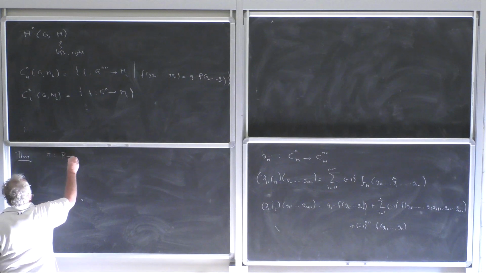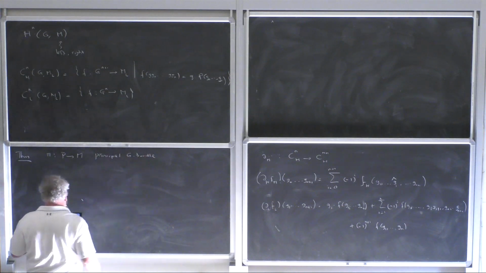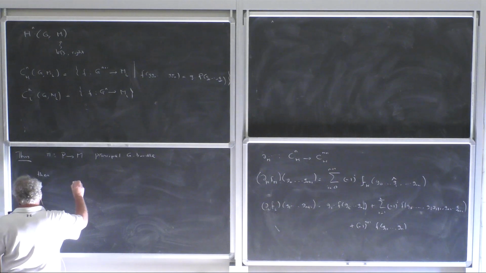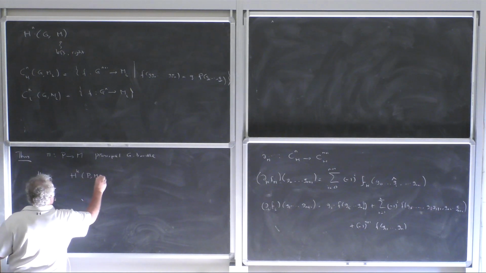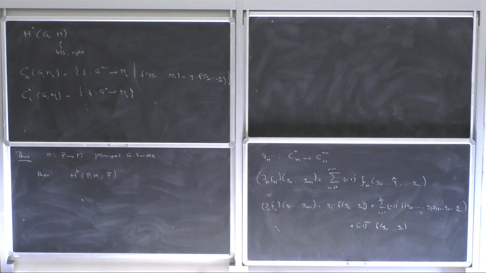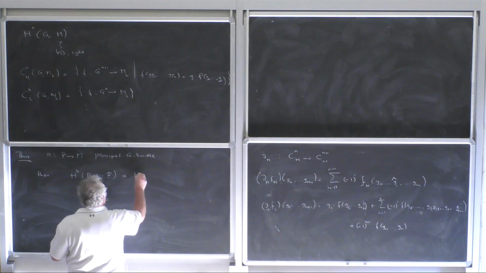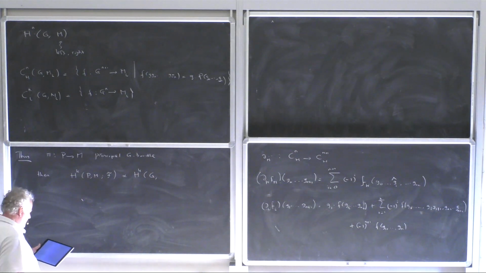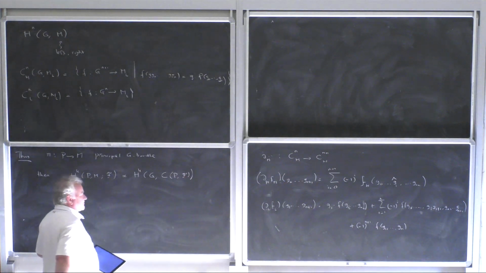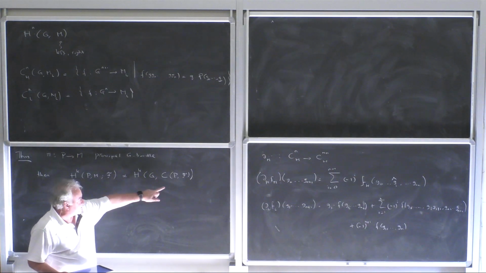So if you have a principal bundle, then I claim there exists an isomorphism between the submersion cohomology, say with coefficients in, well, more generally, let's say F, so Z or U(1) or R, and the group cohomology of G with coefficients in a left module, and that left module is continuous or smooth functions from P to F. So you can relate the submersion cohomology in the case of principal bundles to just group cohomology with particular modules.